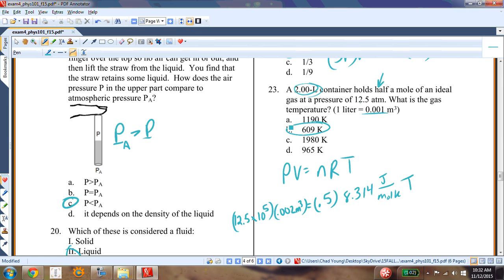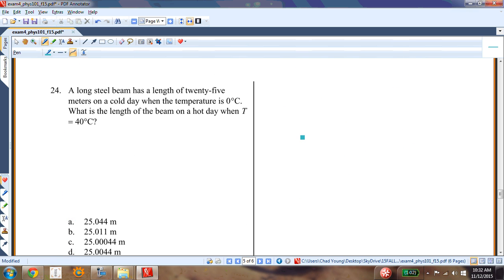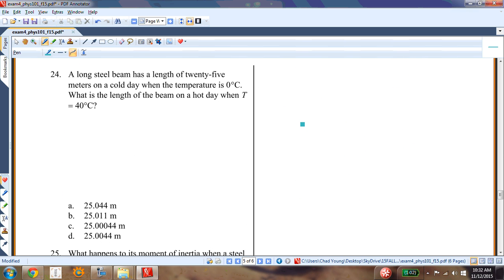All right. A long steel beam has a length of 25 meters on a cold day with a temperature of 0. What is the length of the beam on a hot day? Okay, so delta L is equal to L naught alpha delta T. This is linear expansion. I'm looking for delta L. L naught is 25 meters.